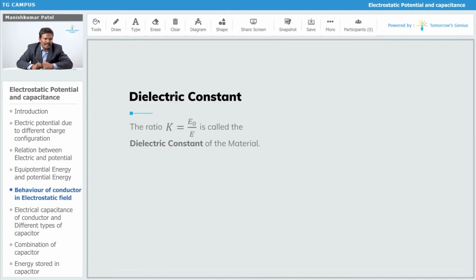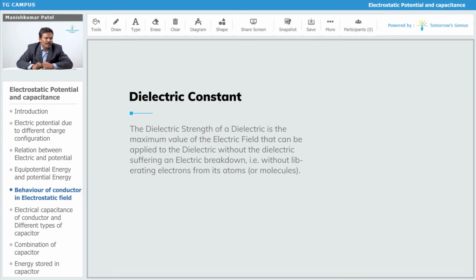The dielectric constant is given by the ratio of E0 by E, and we have to define it for the dielectric material.